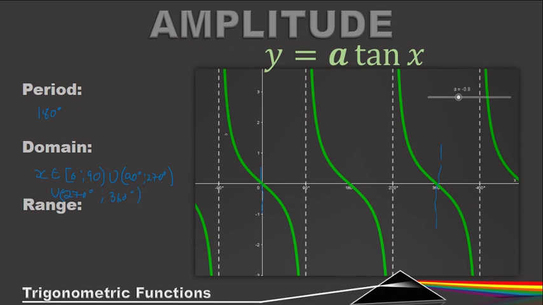And then our range is also unaffected, because it was from negative infinity up to positive infinity, so the range simply is y is an element of the real numbers.